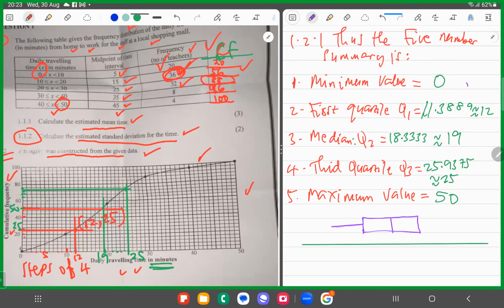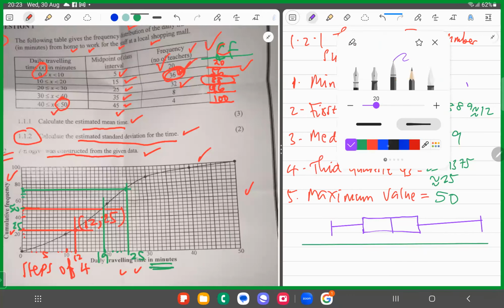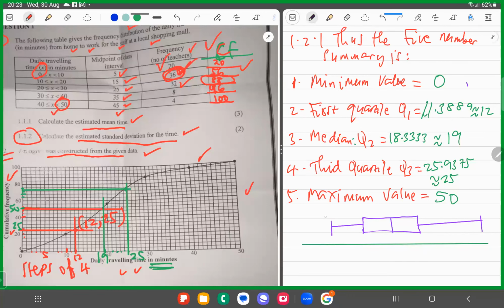Then you're going to have a whisker here. So this one here is going to be the minimum, and this one is going to be the maximum. The maximum is 50, but the minimum is at 0.